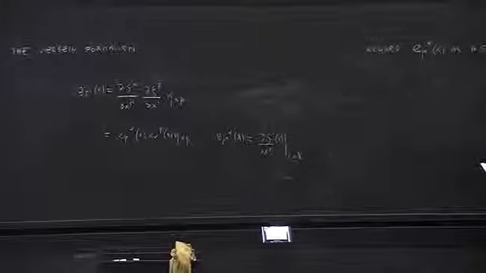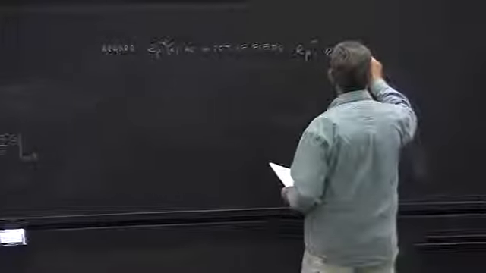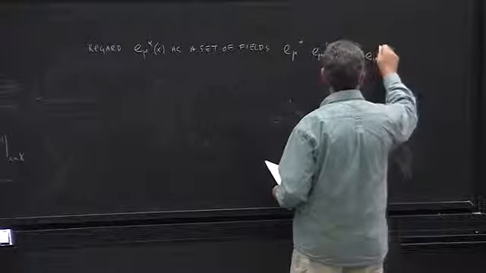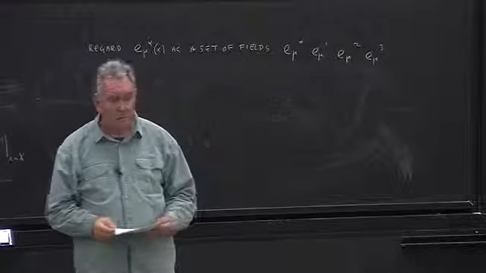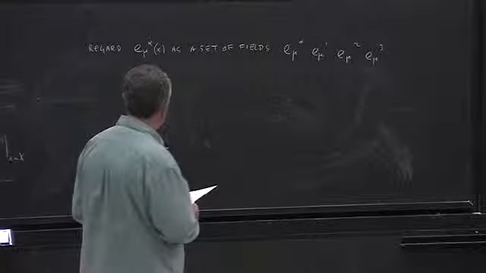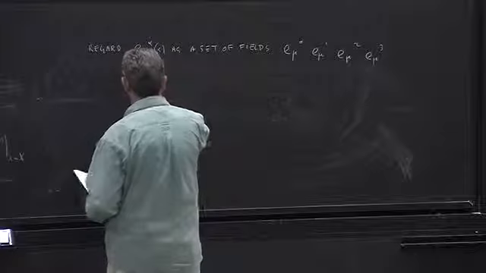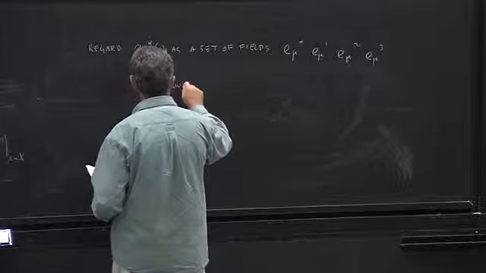So we've got E mu naught, E mu 1, E mu 2, E mu 3. You can regard them as 4 vectors under general coordinate transformations.